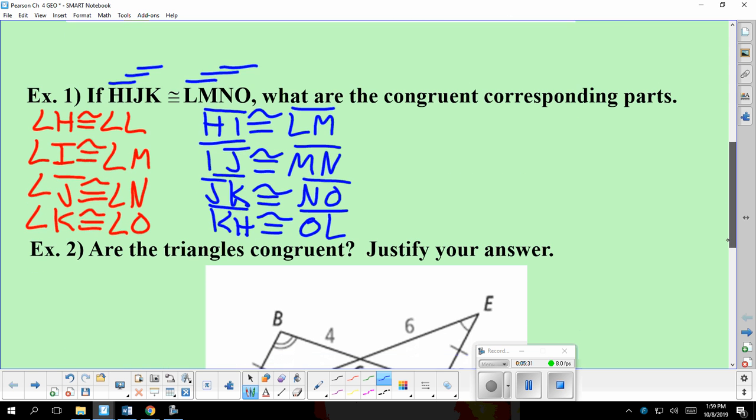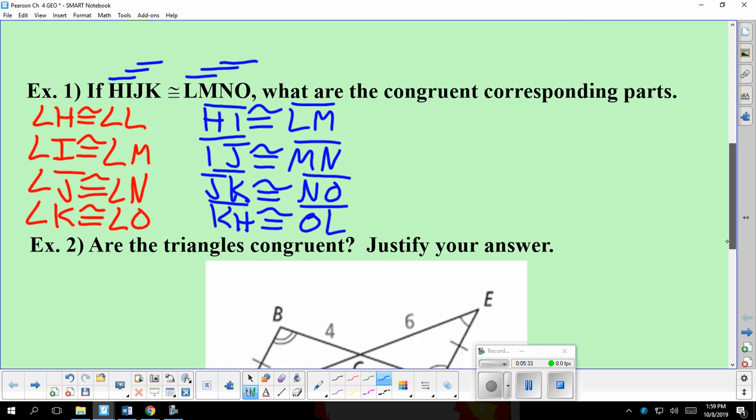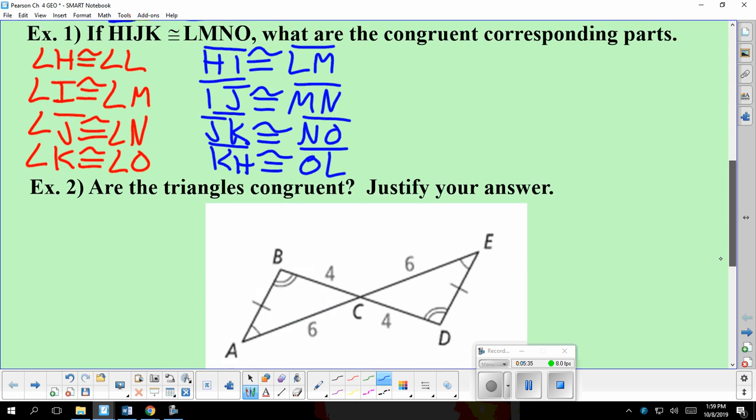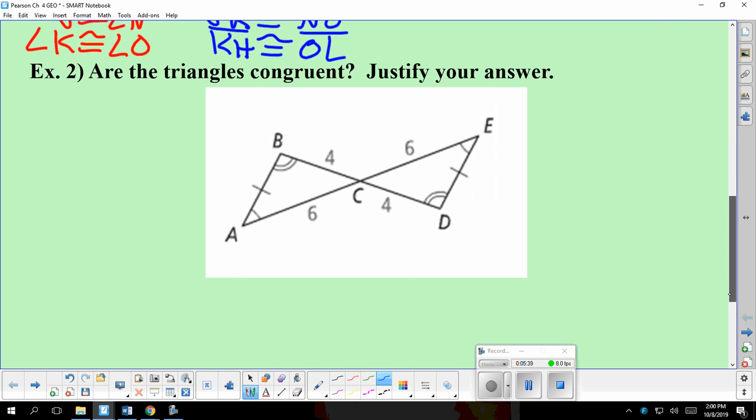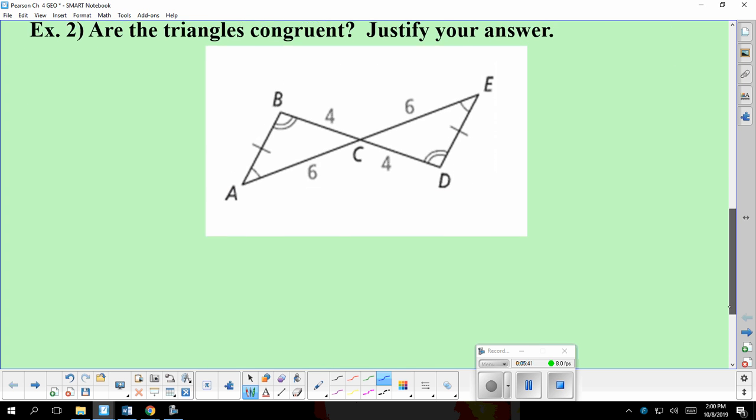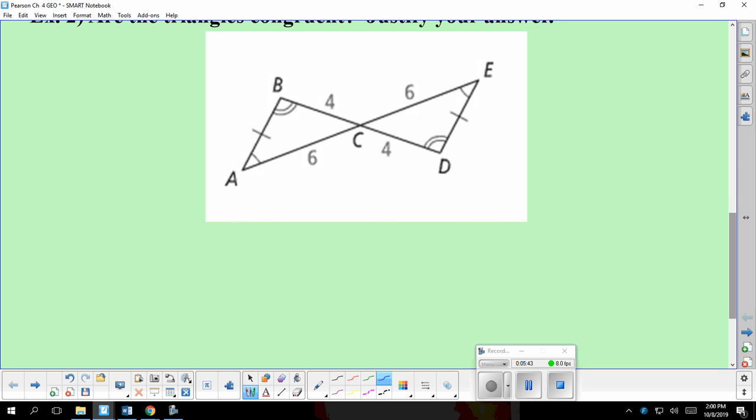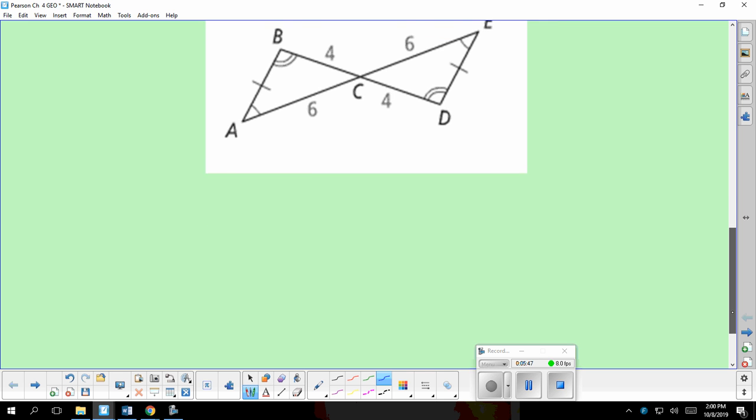All right, so how can we use that idea of congruent corresponding figures or congruent figures? Go ahead and see if these triangles are congruent. So let's see if we can take what we're given, what we know, and just use our definition of congruent figures to prove that these are congruent.